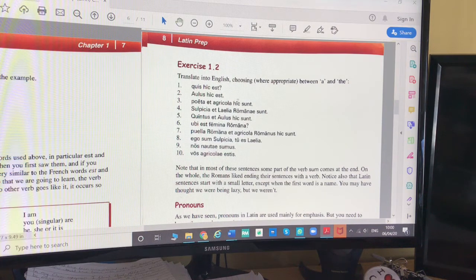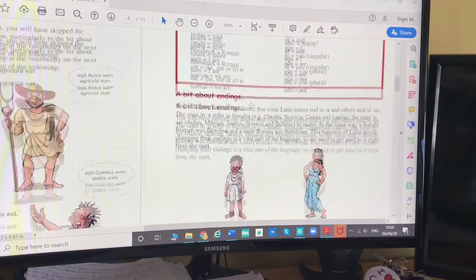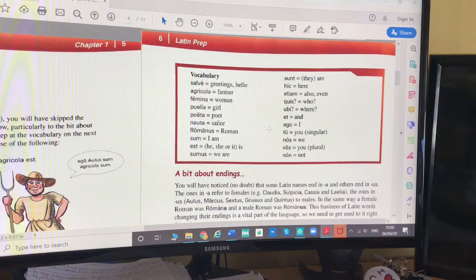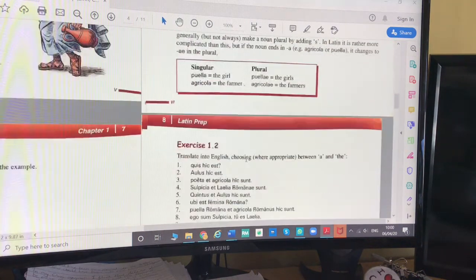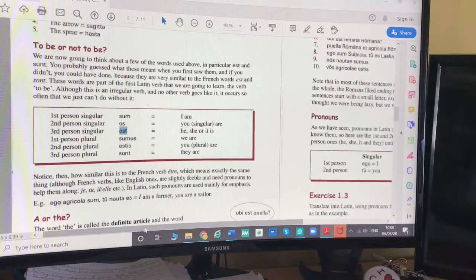Poeta et agricola hic sunt. Hold on a minute, we haven't seen sunt yet. I wonder if we look back, do we find it? We see words like est, we see sum and we see sumus, but I don't see sunt. We're going to have to think. Or, if we remember and we've read properly what's over here, there is where we find sunt.